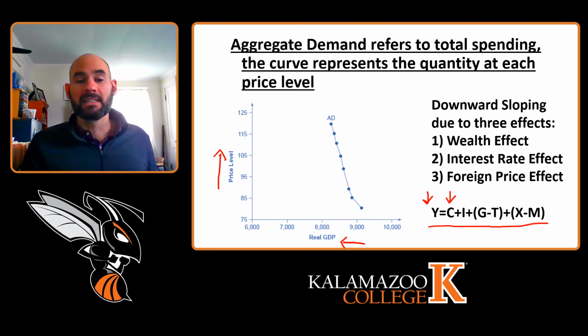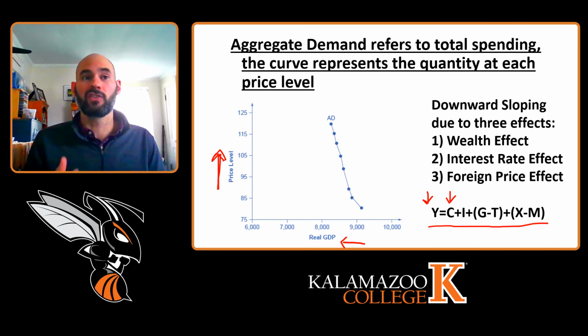The interest rate effect means that if all the prices in the economy are increasing and we are including interest rates in those prices, which we are, right? Interest rates are just the price that we pay for money. And if all prices are increasing, then the price of money is increasing as well. Then higher interest rates mean that we're going to have lower levels of business investment and lower large purchases by consumers, right?